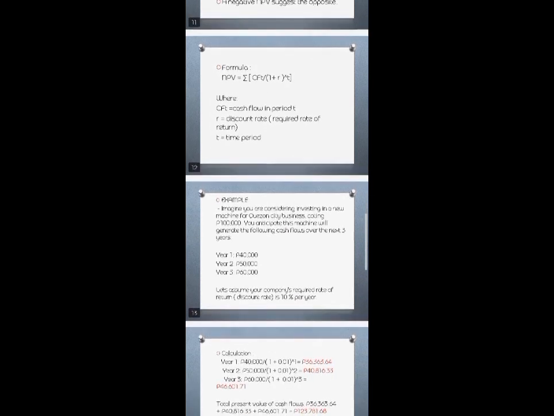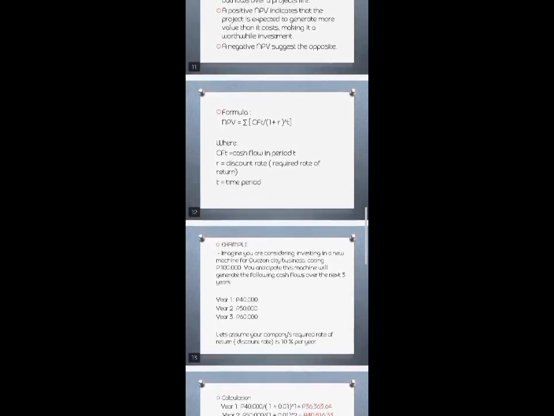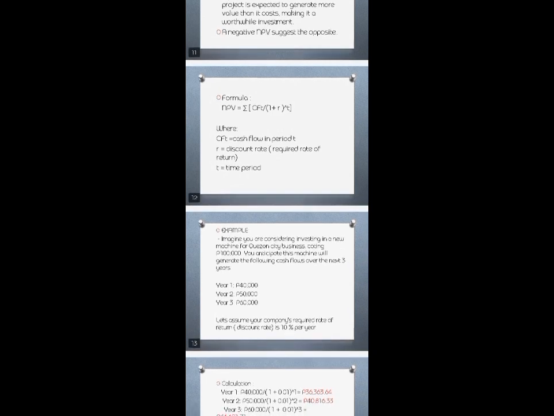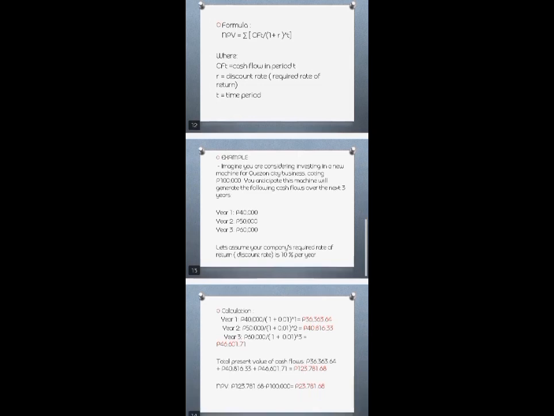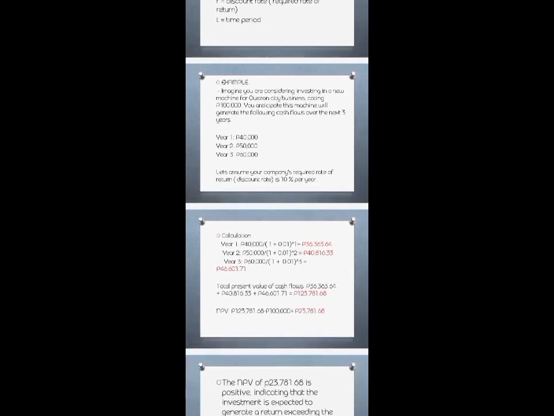So first is to calculate the first year. Let's use the formula, which is cash flow in period t over 1 plus R, which is the discount rate, raised to the power of the time period. Here, in the first year, 40,000 over 1 plus 0.01 raised to the power of 1, 0.01 because the decimal of 10% is 0.01.